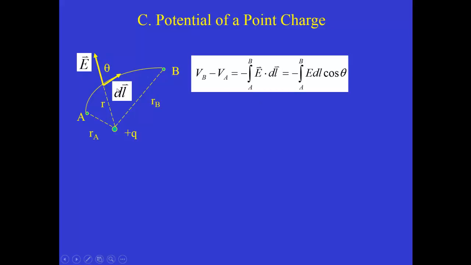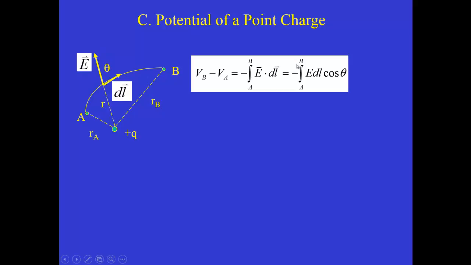What we notice is that this dl cosine theta has a specific meaning in the context of this problem. Look at the diagram here. If we drew a right triangle with dl as the hypotenuse, and then looked at dl times the cosine of the angle, that would be the distance associated with dl that points along the direction of the field, along the radial direction.